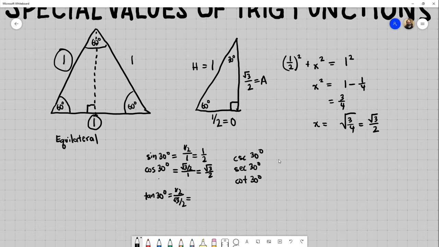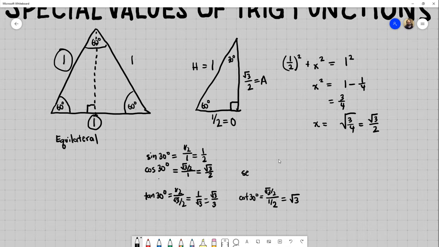And when we simplify that, you get 1 over root 3, or root 3 over 3 if you rationalize the denominator. Cotangent of 30 degrees is adjacent, root 3 over 2, over opposite, adjacent over opposite, that's cotangent. That simplifies to root 3.